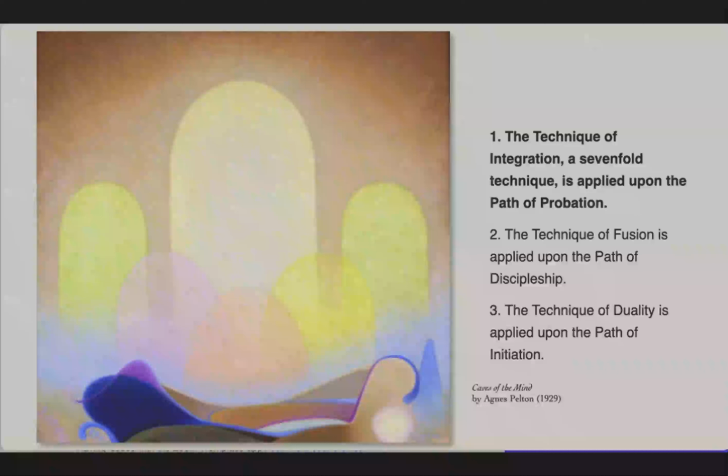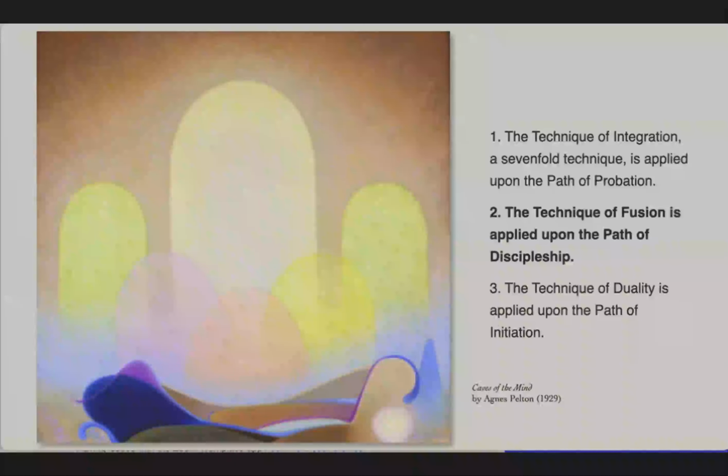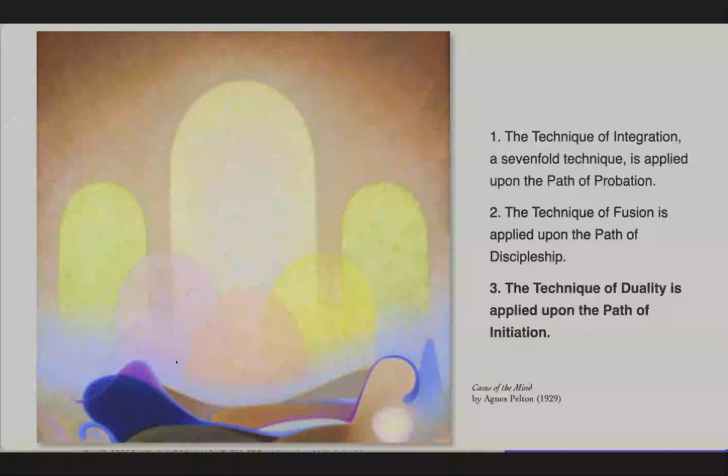The technique of integration goes well into the early initiations, and the technique of fusion goes well up into the higher initiations. And he calls that level discipleship, right? The technique of fusion is applied to discipleship, and third, the technique of duality is applied to initiation, is what he says, but from his description, I think they're the higher initiations, the fourth and fifth, and even beyond.